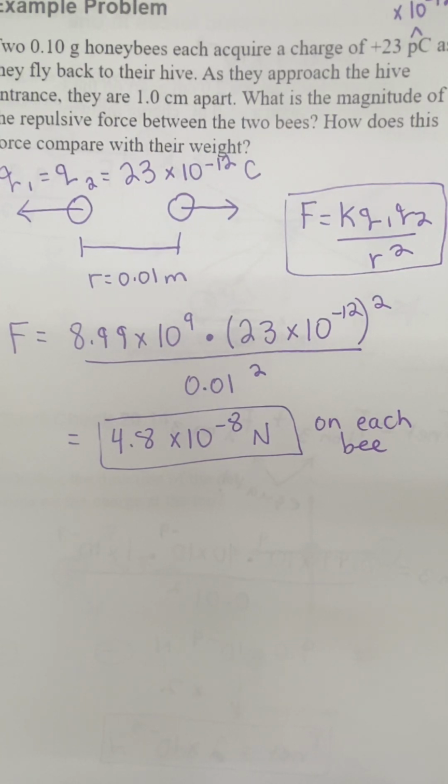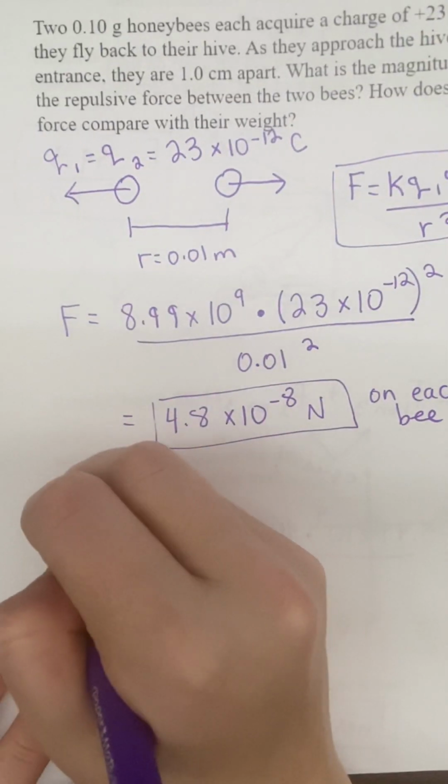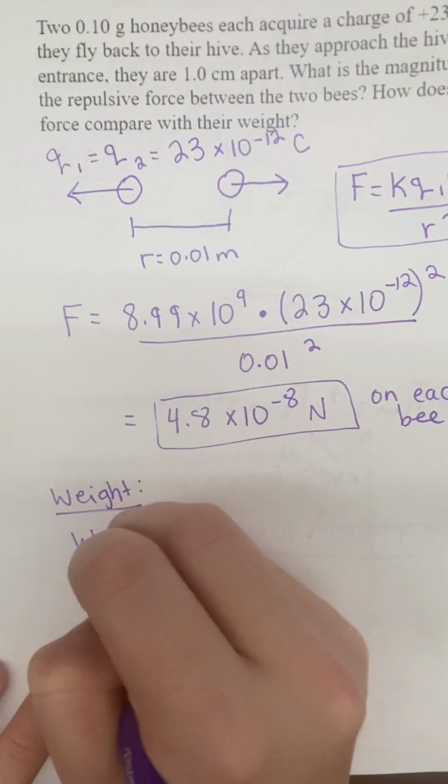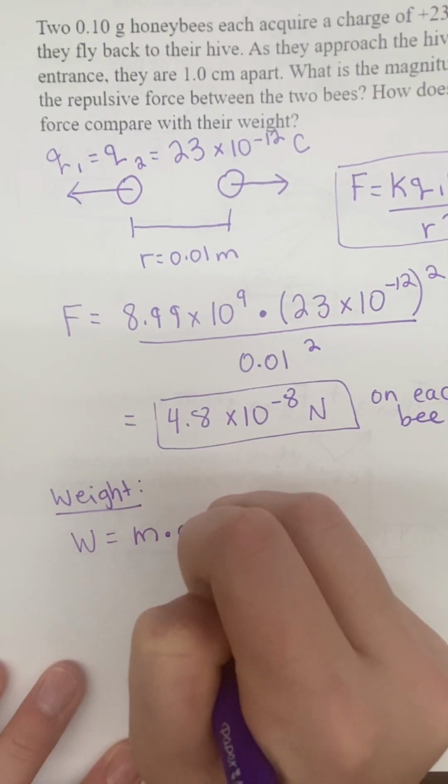Okay, the second part of this question says, how does this force compare to their weight? So, question is, are we going to see the bees accelerate? Is this even on the same order of magnitude as the bees' weight? So, the bees' weight, that's our gravitational force, mass times gravity, right?